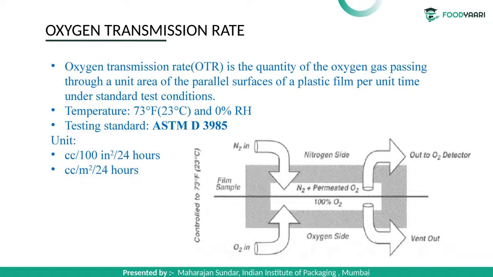consider the image given. Kindly see the image. There is a film sample, the straight line which is visible there. On one side the test conditions are maintained: 23 degrees Celsius and 0% relative humidity of the environment.